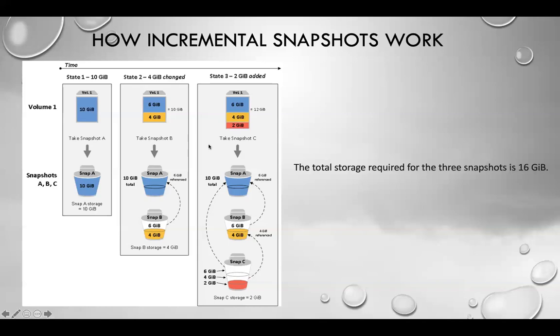Suppose then maybe at night, some other new data of 2 gig came in. Because these two are already there, another bucket will be created of only 2 gig, and this bucket will have the 6 plus 4 referenced to the other 2 buckets rather than copying them to the new bucket.